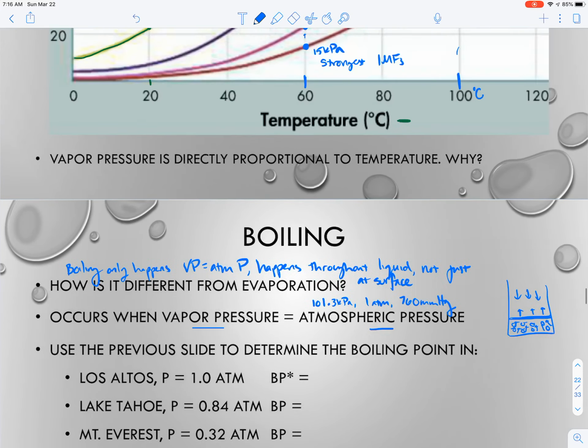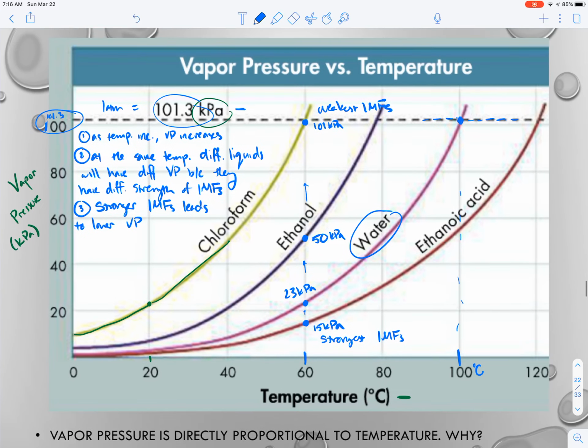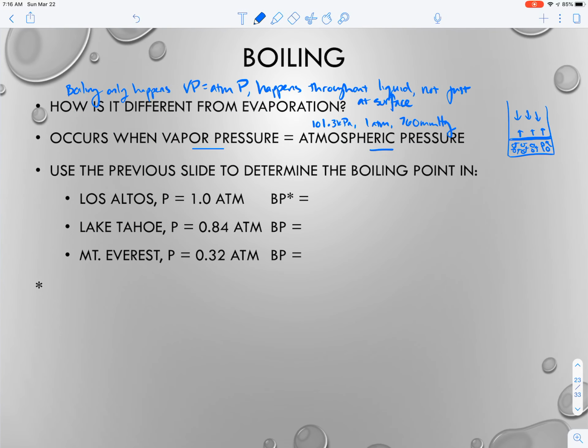Okay, so an important point to notice then is that water does boil at 100 degrees. That's what we always say up here. However, it doesn't only boil at 100 degrees. So in Los Altos, where the pressure is about 1 atmosphere, we would say that yes, it boils at about 100 degrees.